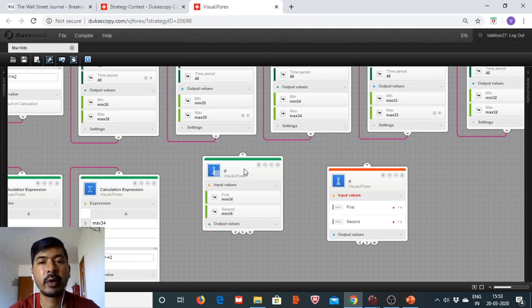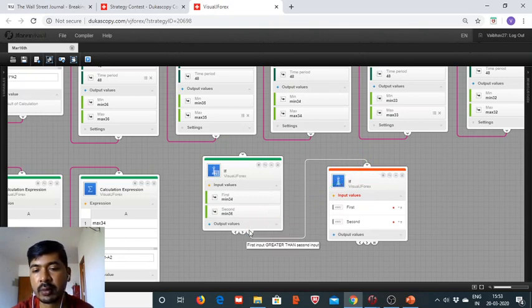So here we have compared the current minimum value to the minimum value 1 hour back, and both these values are for last 4 hours, and we want it to be equal to or greater than.